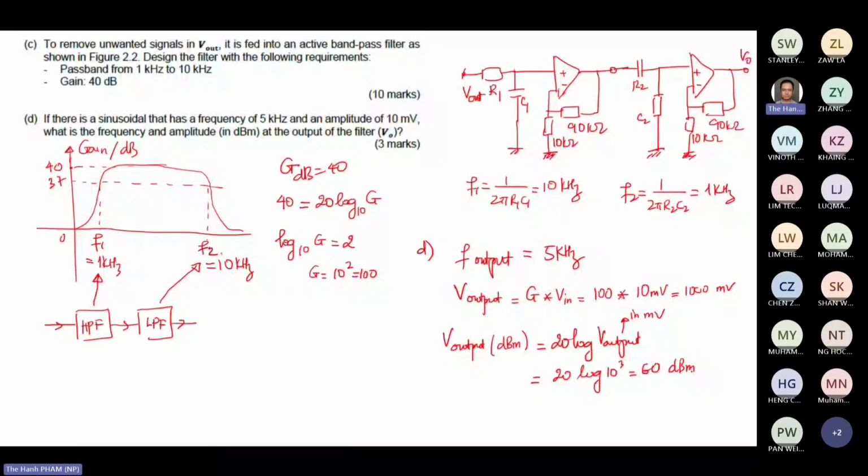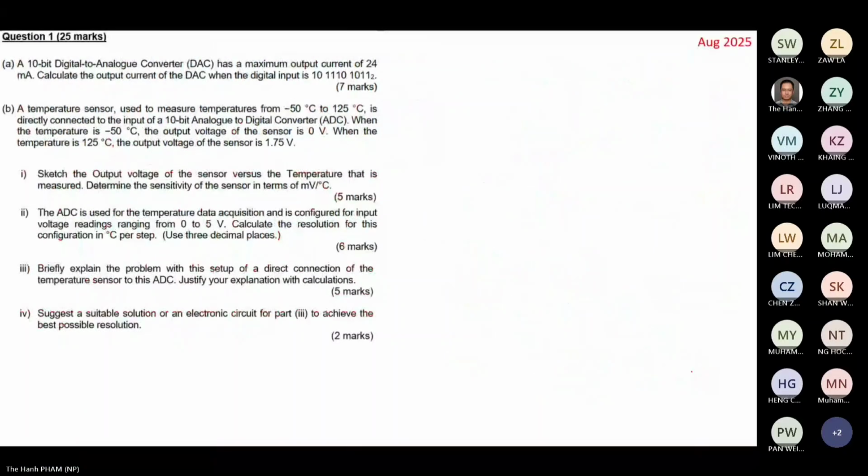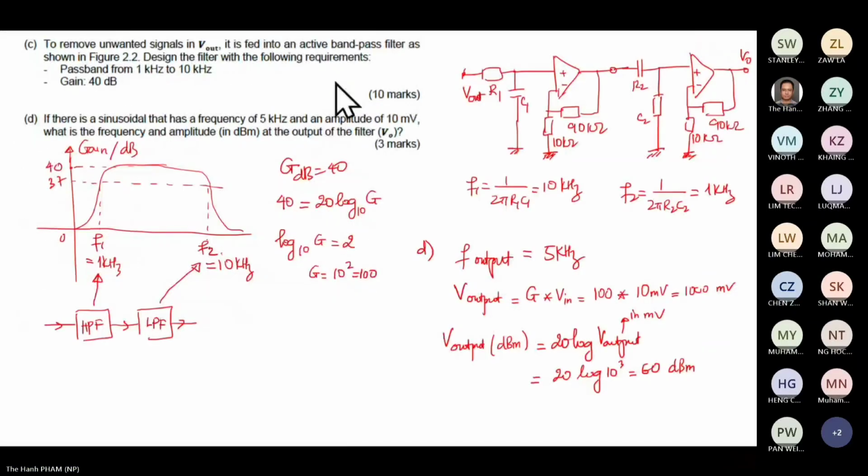Now, this is another one. These can show previous questions. Anyway, I will upload this file for you.